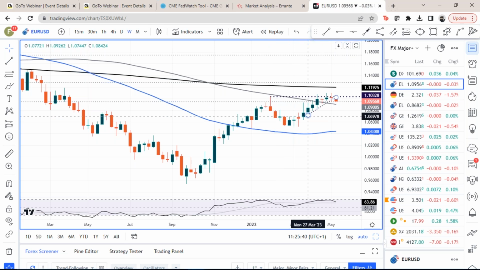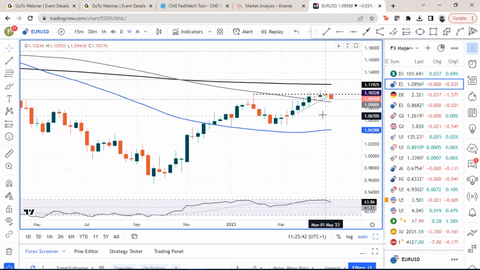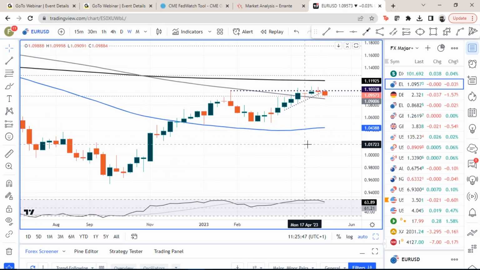That is that dotted line there, and you can see on the week again struggling to close above it. Last week we had a doji candle, so we opened and closed pretty much at a similar level, in the middle part of the high and the low, and that was below that 110.32 level.